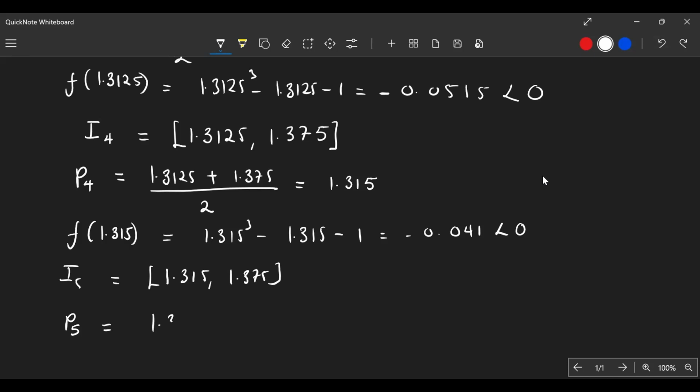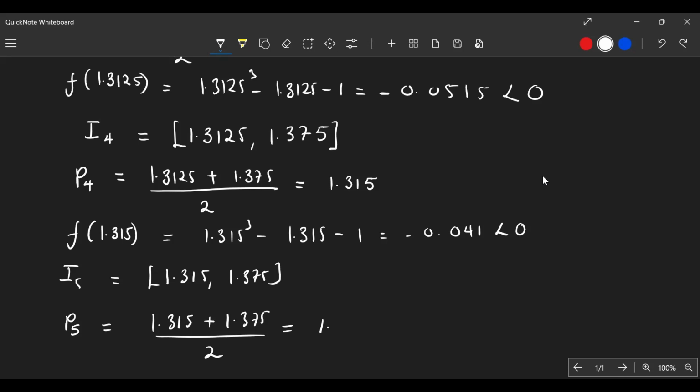And I'm sure you've even seen the pattern, right? Then I can also find my next P: 1.315 plus 1.375, divided by 2.